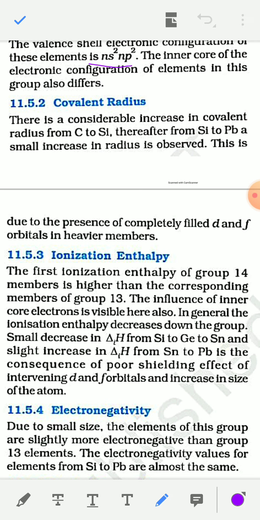So covalent radii: there is a considerable increase in covalent radius from carbon to silicon, and thereafter from silicon to lead a small increase in radii is observed. This is due to the presence of completely filled d and f orbitals in heavier members, and due to the presence of this poor screening d and f electrons in the heavier members, their size increases only very slightly.